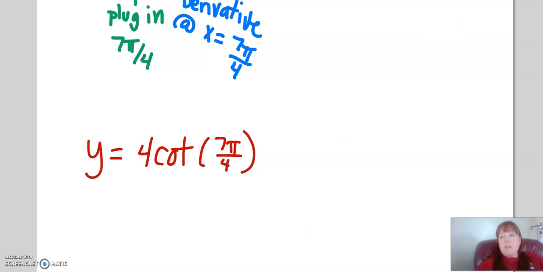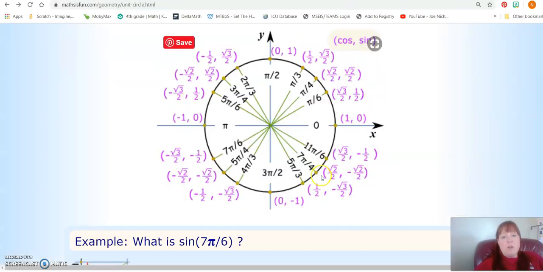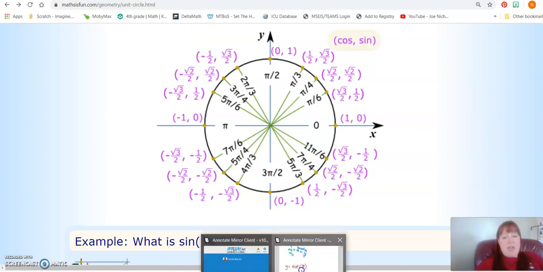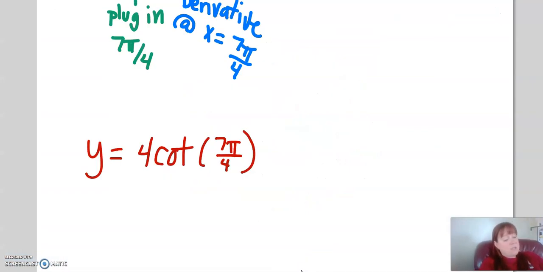In case you can't remember your unit circle, here it is. Here's 7 pi over 4, 7/4 of a pi. The sine of this is negative root 2 over 2, and the cosine is root 2 over 2. The cotangent of any angle is the cosine divided by the sine.